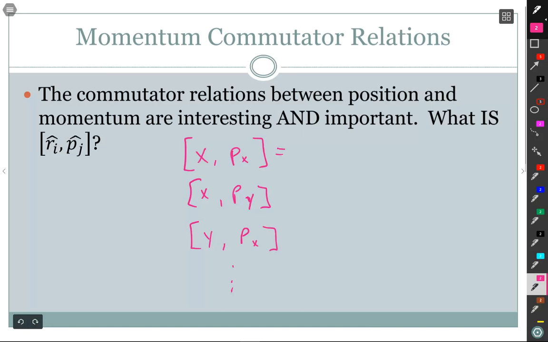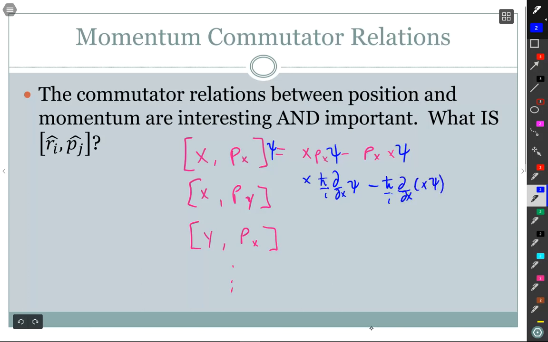So what is x, p sub x? How would we calculate that? Well, the normal way. This is x p_x minus p_x x. If we throw psi on there, then we're going to have x times h-bar over i d/dx of psi, minus h-bar over i d/dx of x psi.